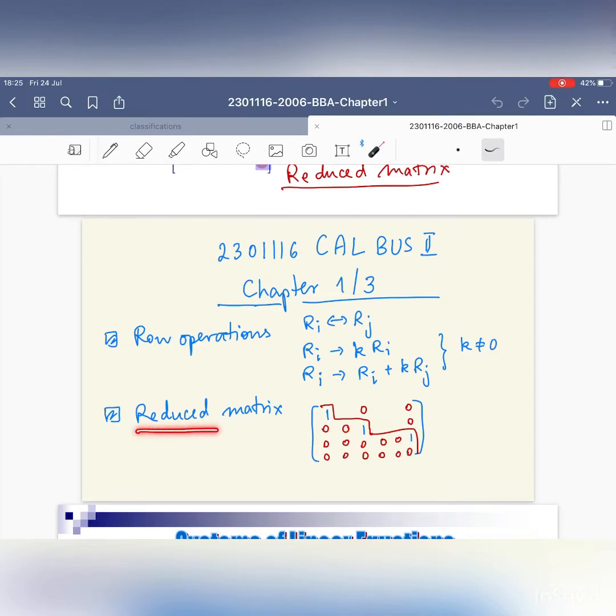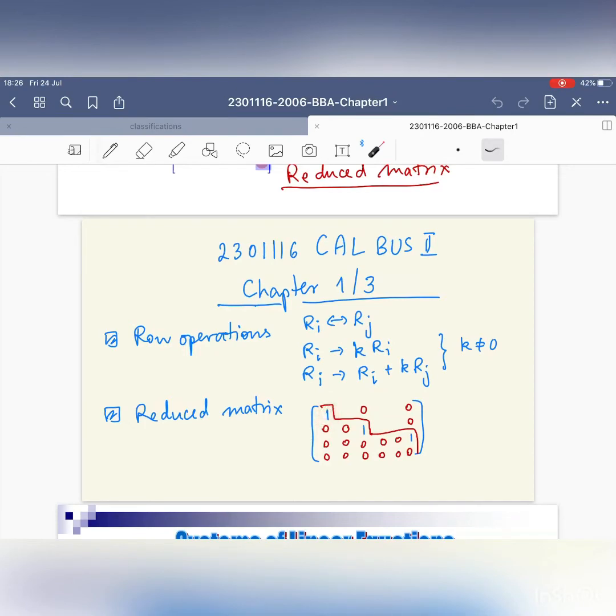And we also introduced the so-called reduced matrix, and the reduced matrix is the one that you see a lot of 1 and 0. As you look at each of the rows, if you see a non-zero row, you need to look at the first non-zero element.